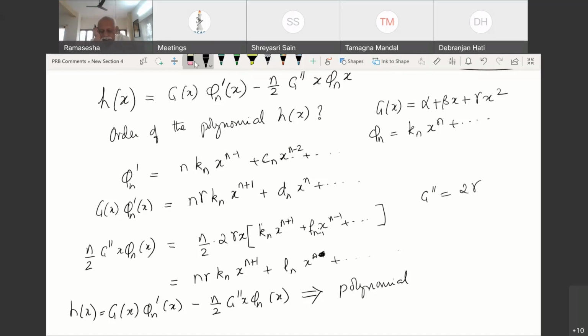If I go from phi n to phi n prime, I reduce the polynomial degree by 1, so it will be n minus 1. If I multiply by G x, because it has an x squared term, the polynomial will be of degree n plus 1. So if I subtract one from the other, what is the leading term in G x P n prime x?